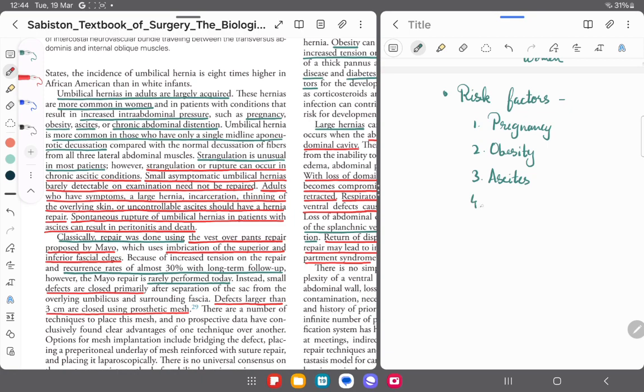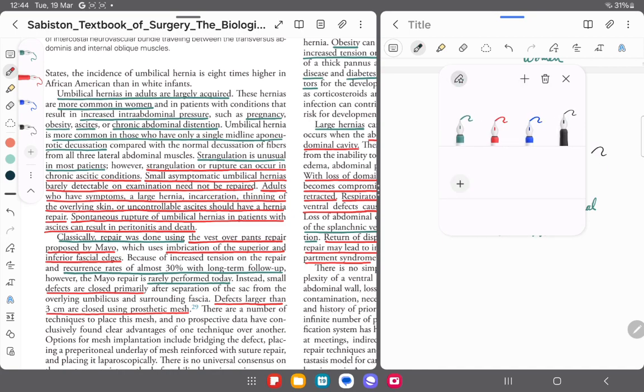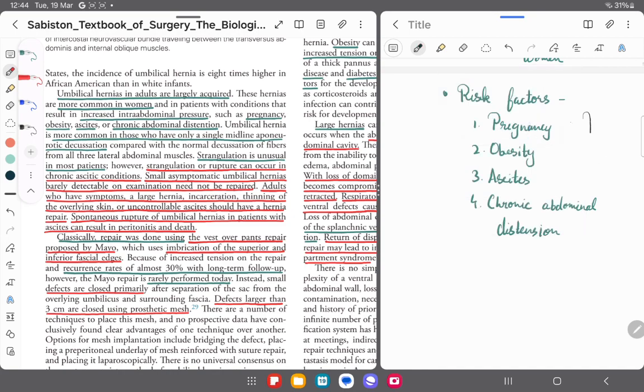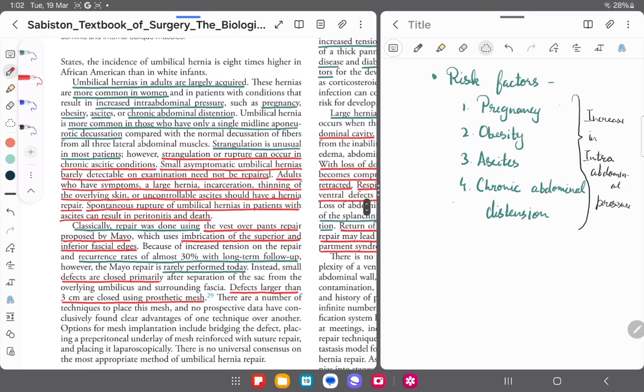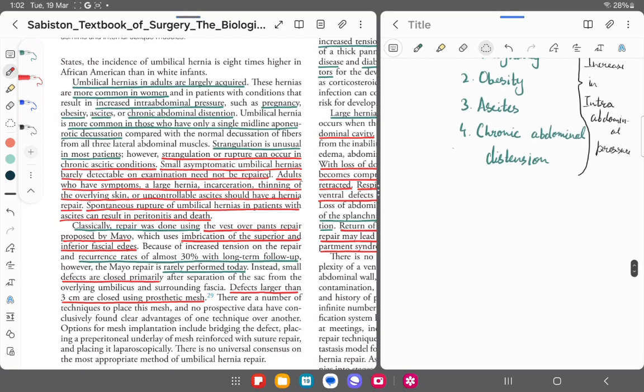Basically any condition that can increase the intra-abdominal pressure, or chronic abdominal distension. So anything that increases intra-abdominal pressure would cause umbilical hernias in adults, which are largely acquired and more common in women.